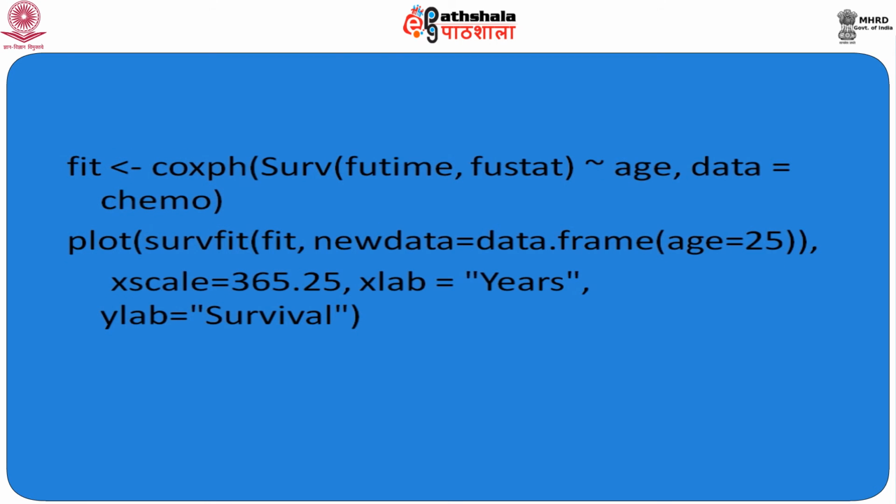Now we give this result in a plot. The same function is given here as coxph with survival time and status with age, and we plot it to represent it graphically. It shows the predicted survival rate over the period for individuals aged 25 years.